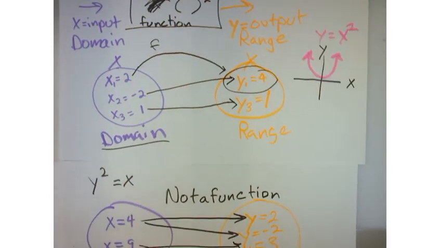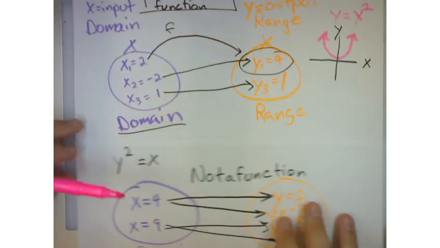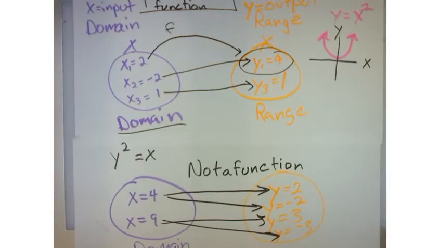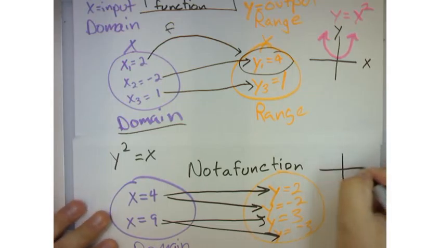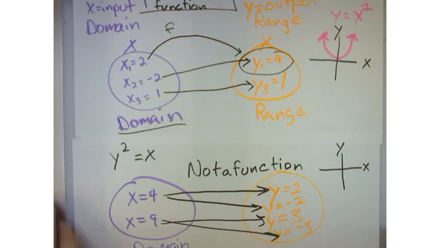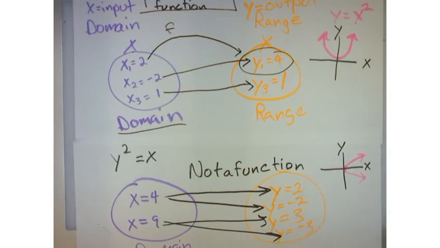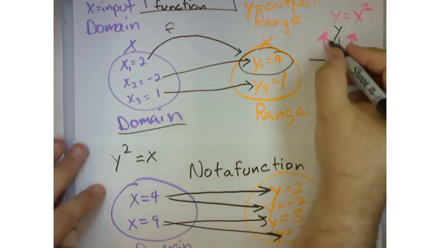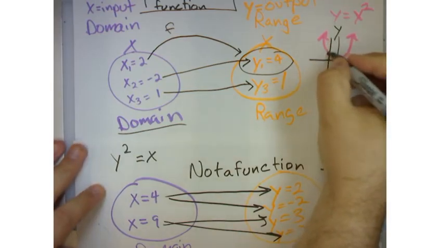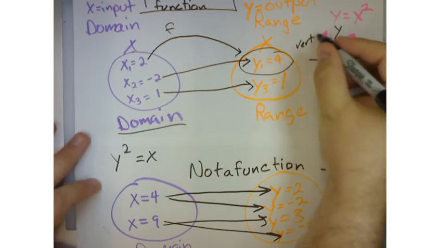But now if we consider the second function, or no, I shouldn't say function, the second mathematical relationship, if you were able to graph that, it would look like that. So we have a test that basically checks the same thing, and it's called the what test? The vertical line test.